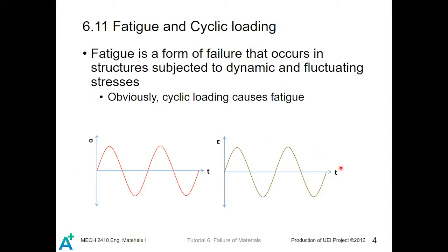You can see from the graph here that it is a sinusoidal wave. It's one kind of cyclic loading. The sign of that loading is constantly reversed in a periodic way. The stress value is first positive and then negative, and then positive and then negative.